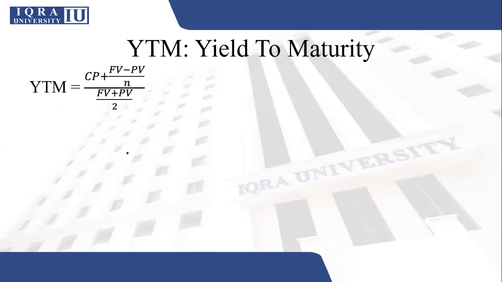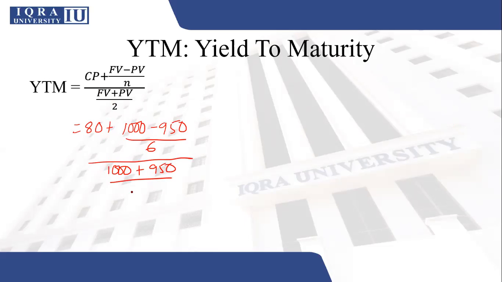So we're going to use this formula. The coupon payment was 80. The face value was 1000 minus 950 was the price, divided by N, which was 6. And then divided by face value, again we have 1000, plus 950, and then divided by 2.